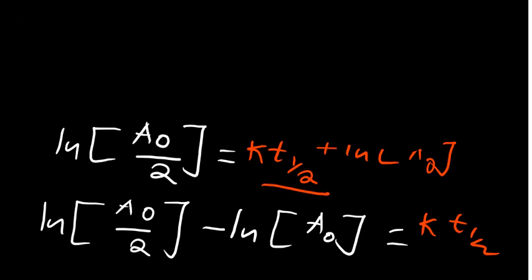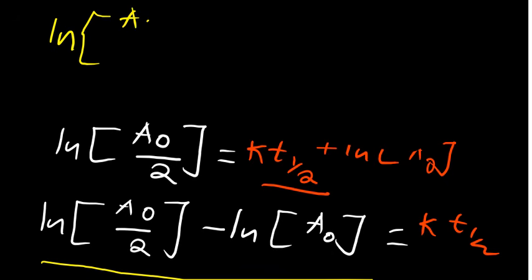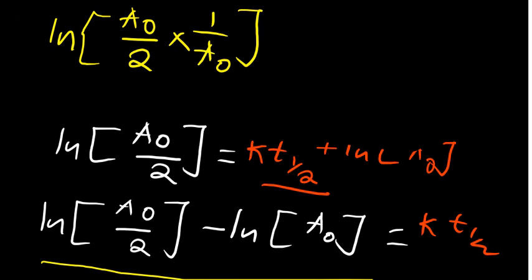Okay, so at this point, from your logs, we believe you know that whenever you are subtracting, you can factor out the log and you're going to divide what you have now. Okay, so natural log of that is going to be A initial over 2 divided by A initial. So this is supposed to be equivalent to what we have the other side, K T1 over 2.